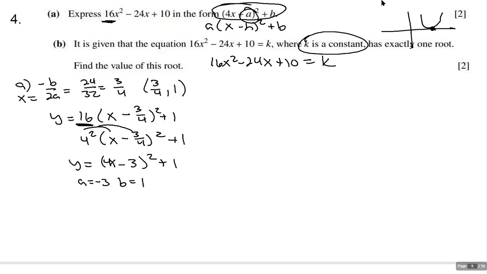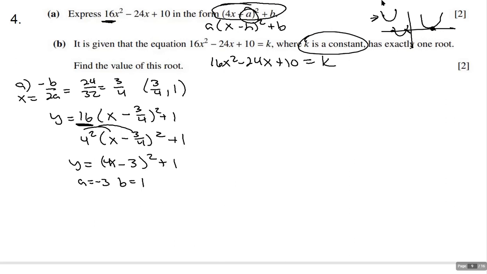Do you remember if it was equal to 0, then it was tangent? Well, if a discriminant is equal to 0 of just a quadratic, then it's going to be tangent to the x-axis. If it's greater than 0, it's going to hit the x-axis twice. And if it's less than 0, it's not going to hit the x-axis at all. It'll be up here somewhere.